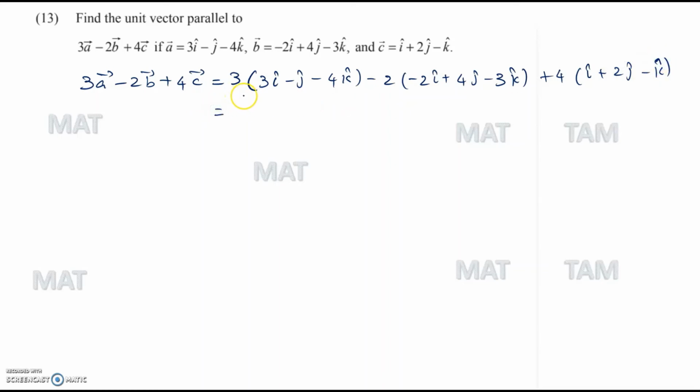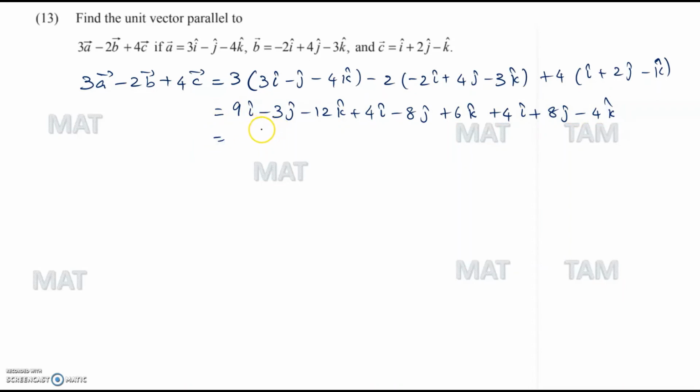Now further simplifying this, it's 9 i cap minus 3 j cap minus 12 k cap plus 4 i cap minus 8 j cap plus 6 k cap plus 4 i cap plus 8 j cap minus 4 k cap.